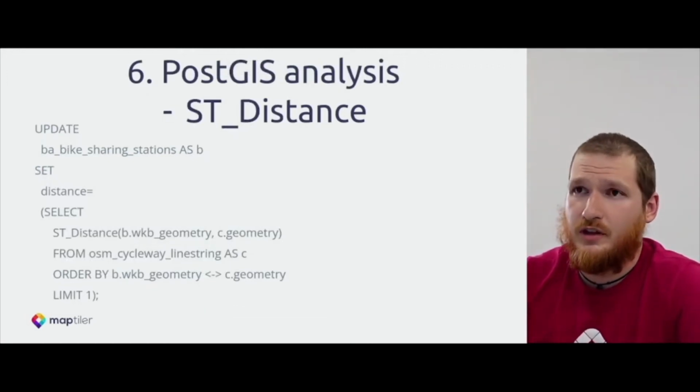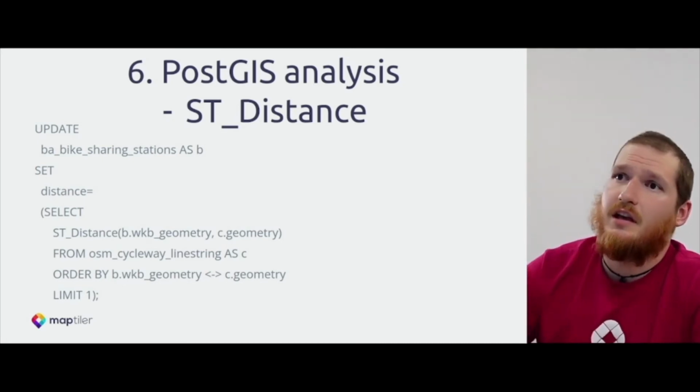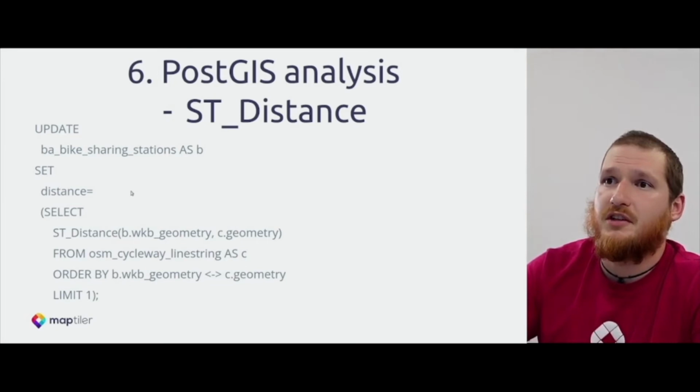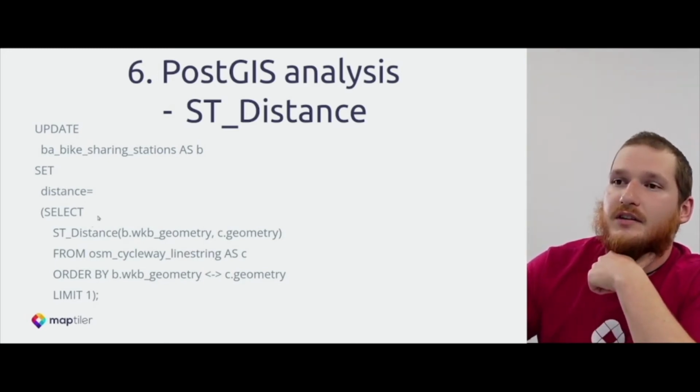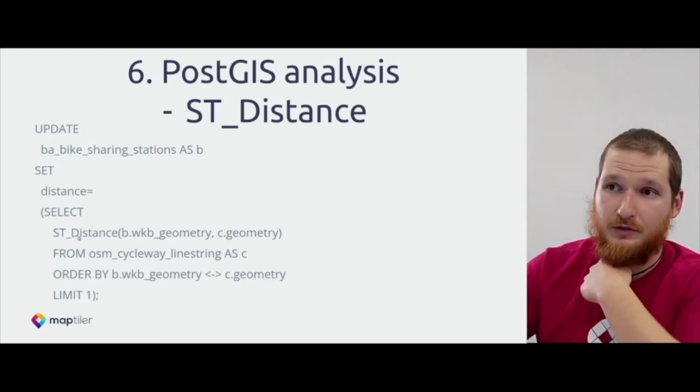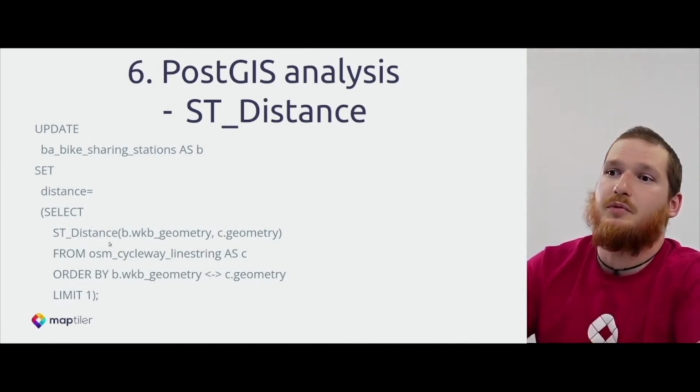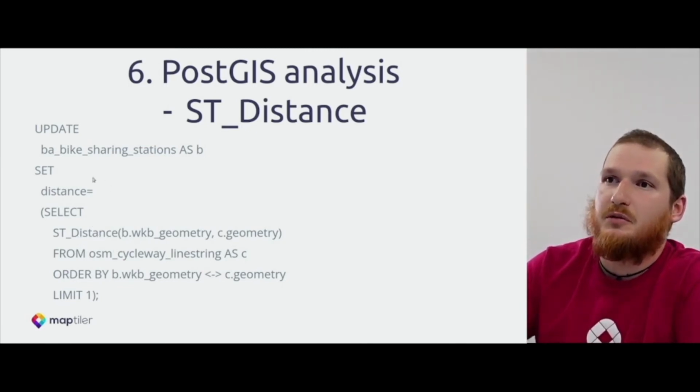We will use update query, and we will say, okay, so I want to update the table bike sharing stations, and I want to set the correct value in the distance column, and the correct value is the result from the function st_distance, and we compare the distance between bike sharings.